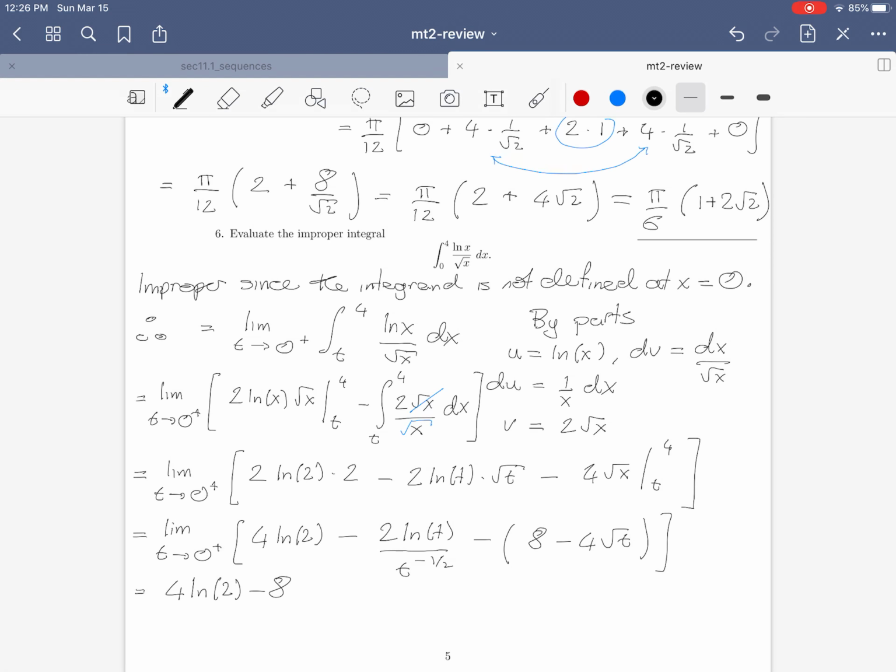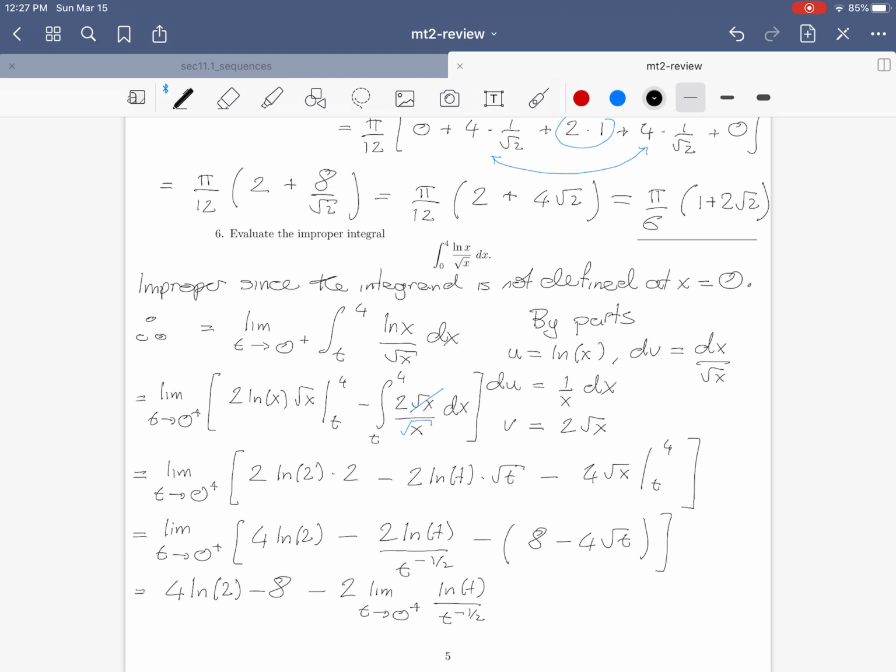So we have 4 ln 2 minus 8 minus 2 times the limit as t tends to 0 of ln t divided by t to the negative 1/2. Here I'm also using the fact that the limit of a constant times a function is equal to the constant times the limit of the function. That allows me to pull this 2 outside.